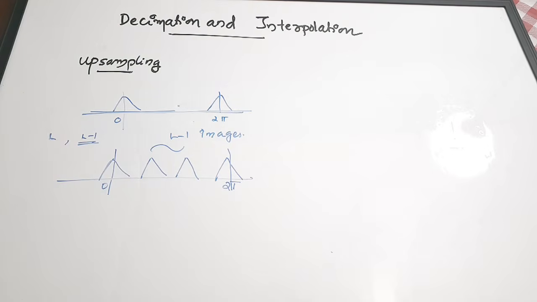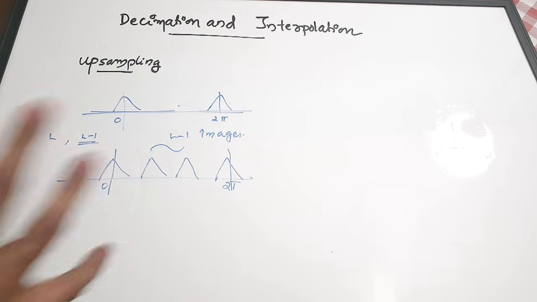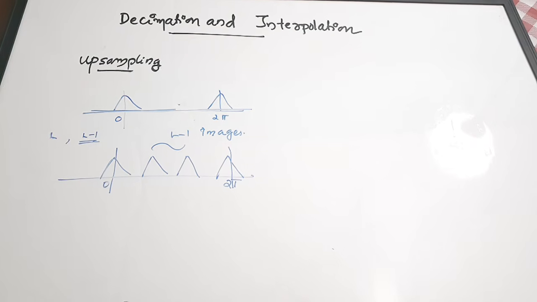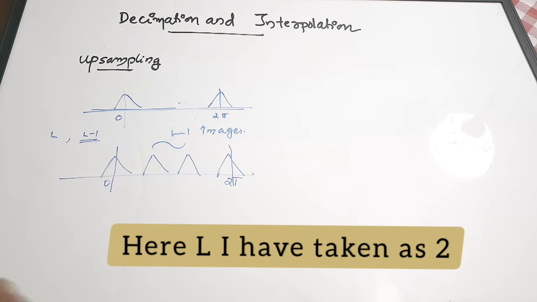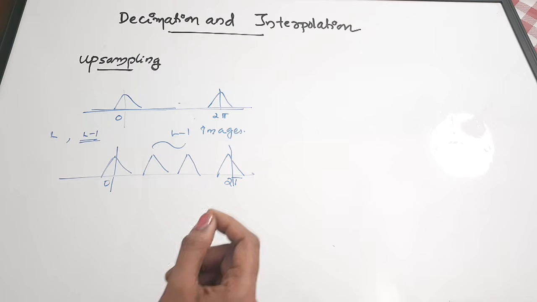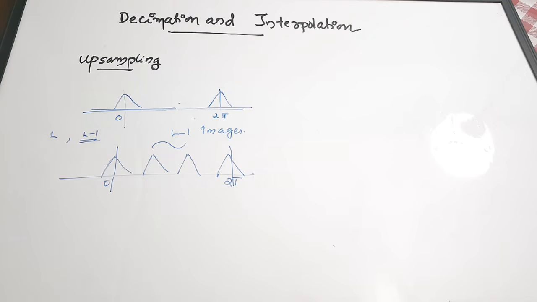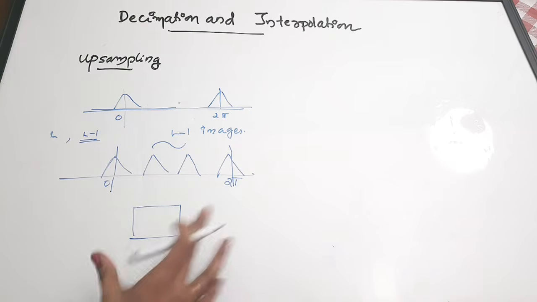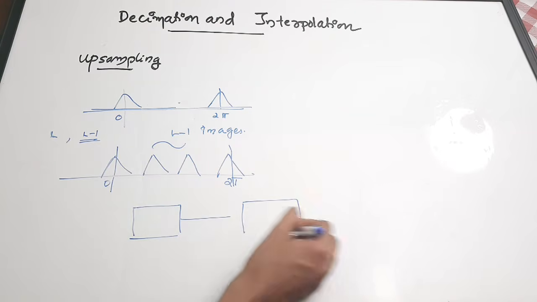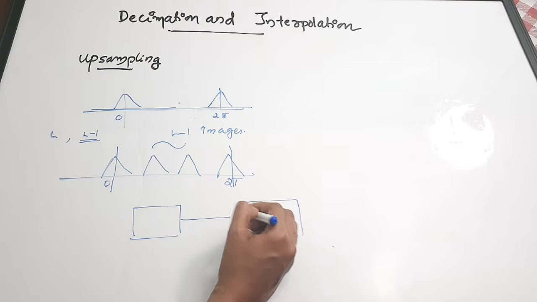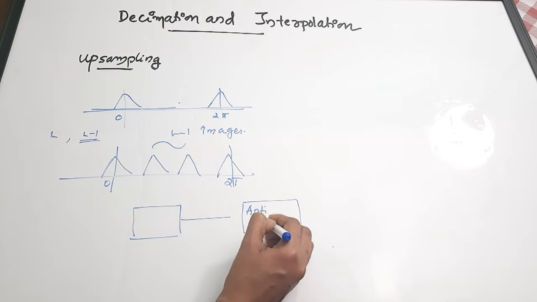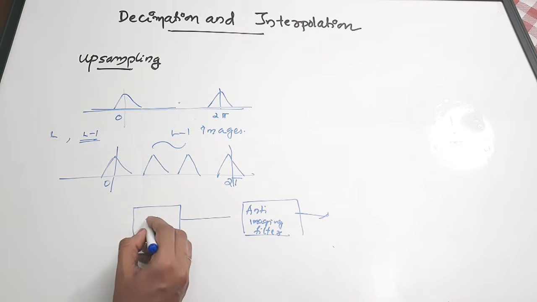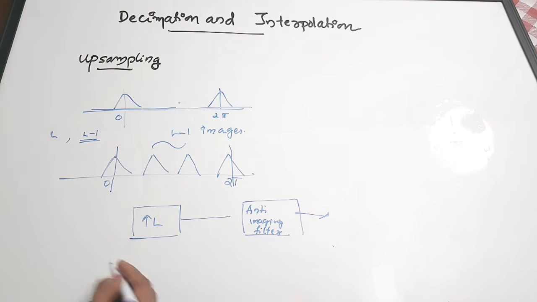Okay. So due to this, there is a problem called creation of images, and to avoid this, we use an anti-image filter. So there will be some images created in the spectrum, and in order to avoid this problem, we'll be adding an anti-imaging filter at the output of the upsampling block.